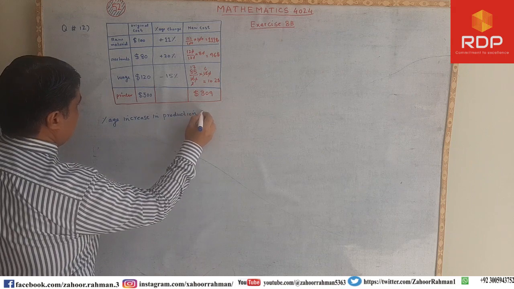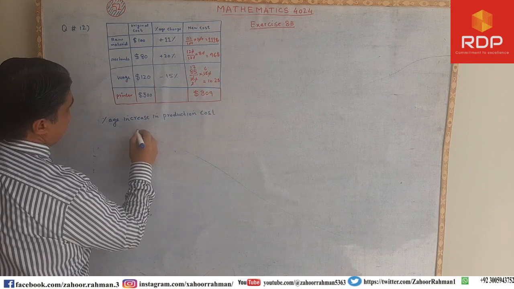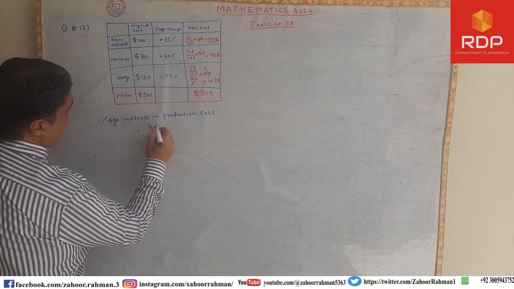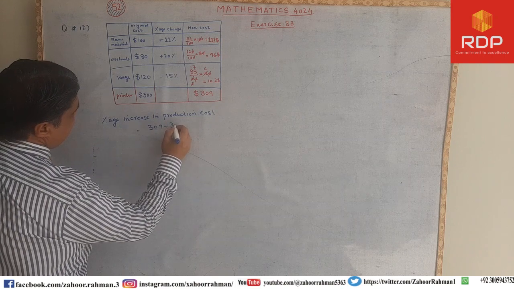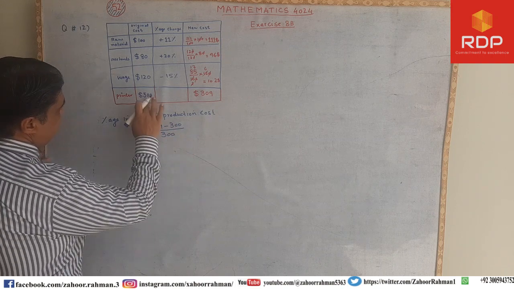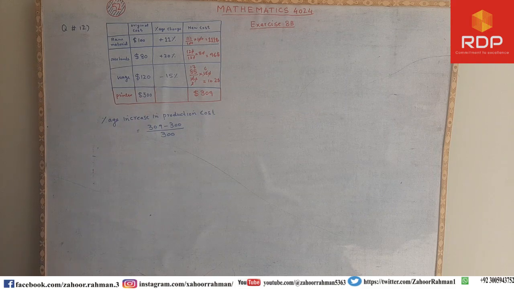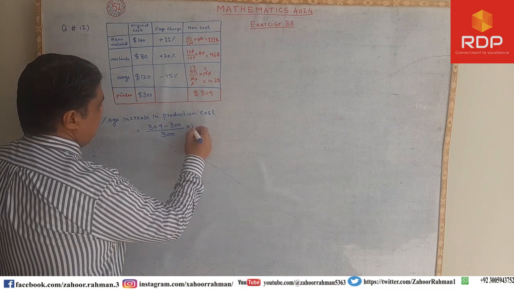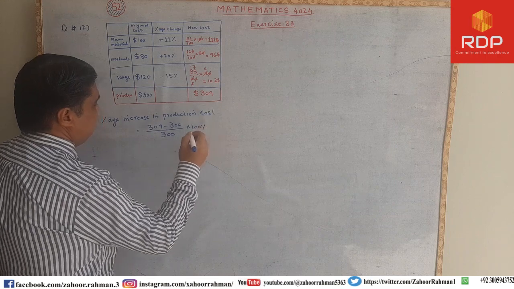The percentage increase in the production cost is equal to 309 minus 300, divided by 300 because the original cost is $300. You always write at the denominator the original cost, multiplied by 100%.